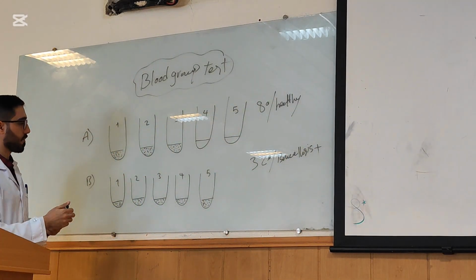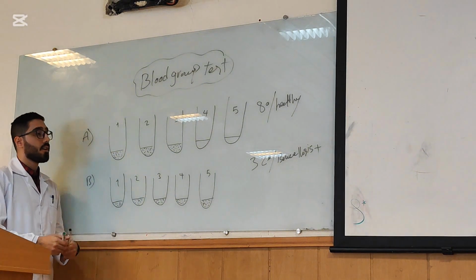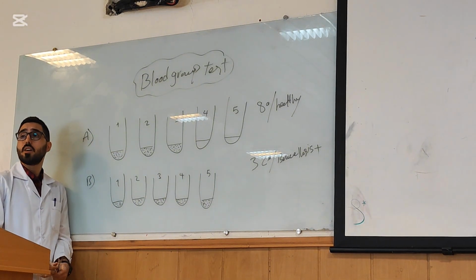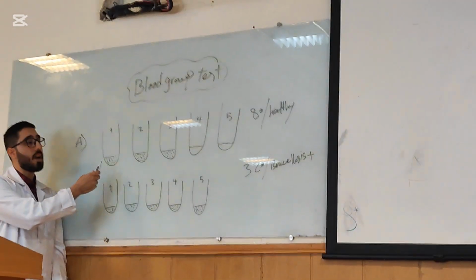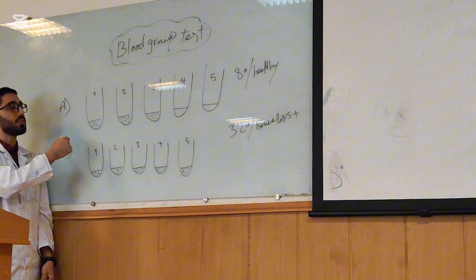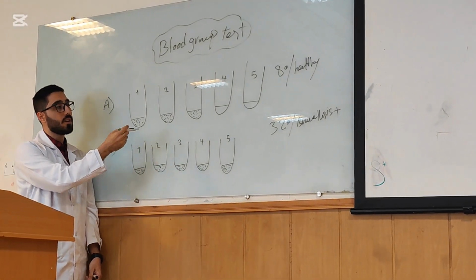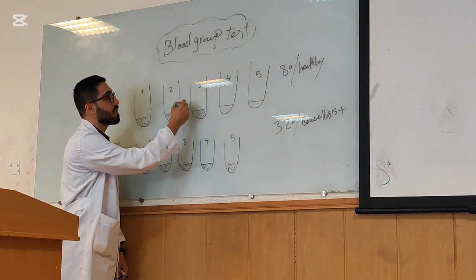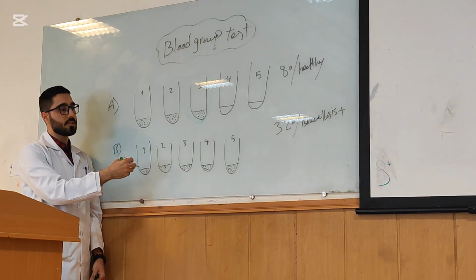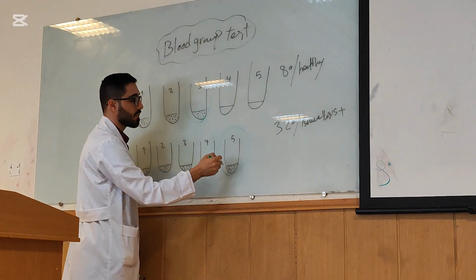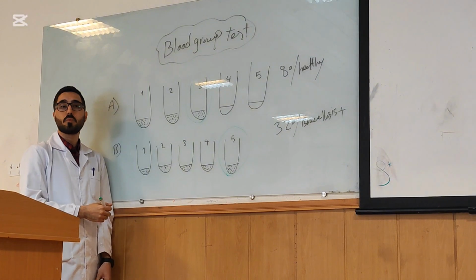We'll have to read the results. You must look for the last tube with agglutination. In this test, this is my last tube with agglutination. In this test, this is my last agglutination.